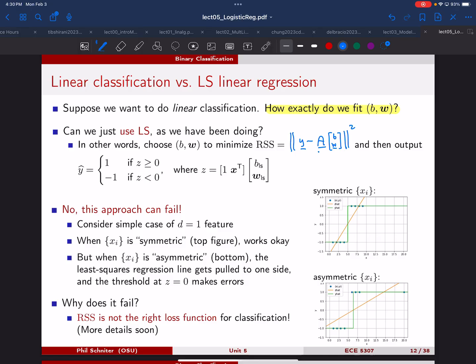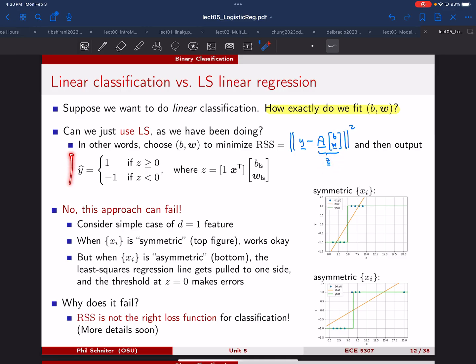So if you remember, this would be like a vector of scores Z. And so here we're just designing the scores to directly try to predict the true plus minus 1 labels in Y. Of course, once we can fit our coefficients using least squares like that, once we have those B and W, our Z's are not going to be plus or minus 1. They're not going to be binary.